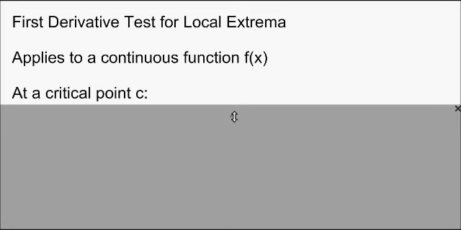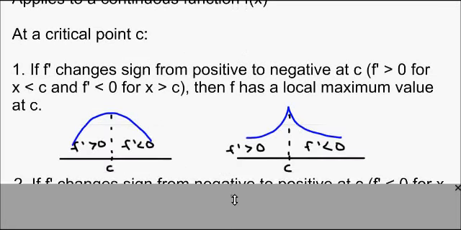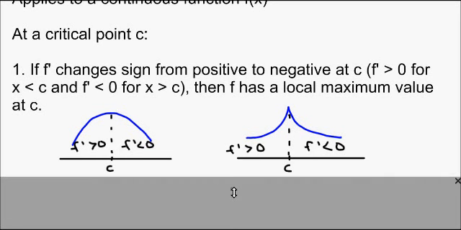And you see that at a critical point c, if f prime changes sign from positive to negative at c, meaning that f prime was greater than 0 when x was less than c, and now after c, to the right of c, f prime is less than 0, then f, the original function, has a local maximum value at c. So you can see here in this graph, your derivative would be defined here because you have a nice smooth curve.